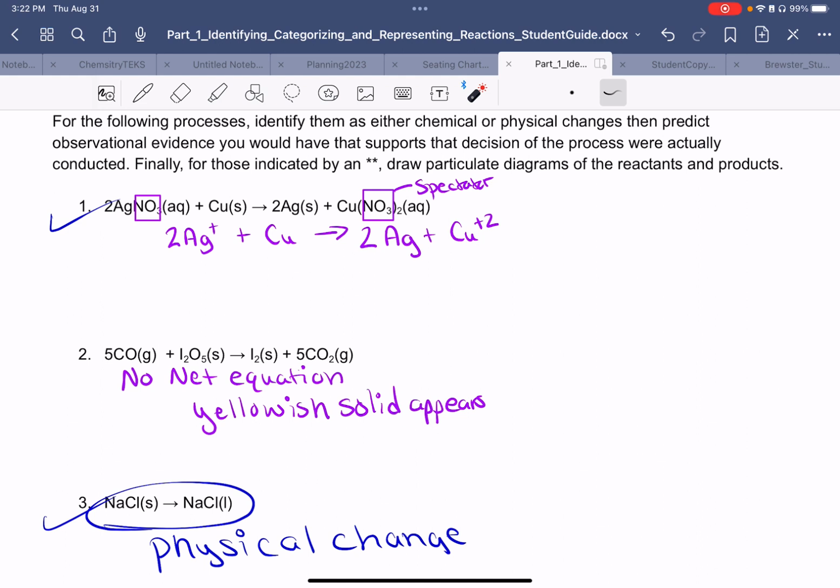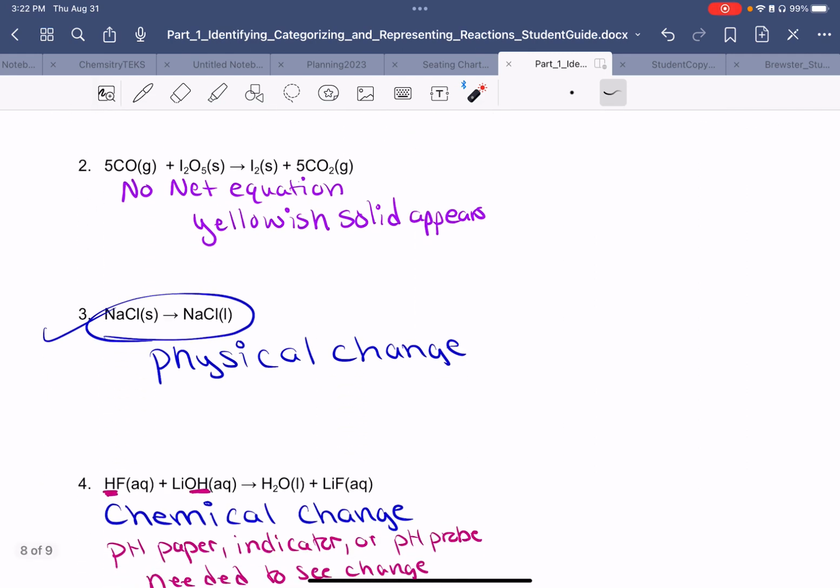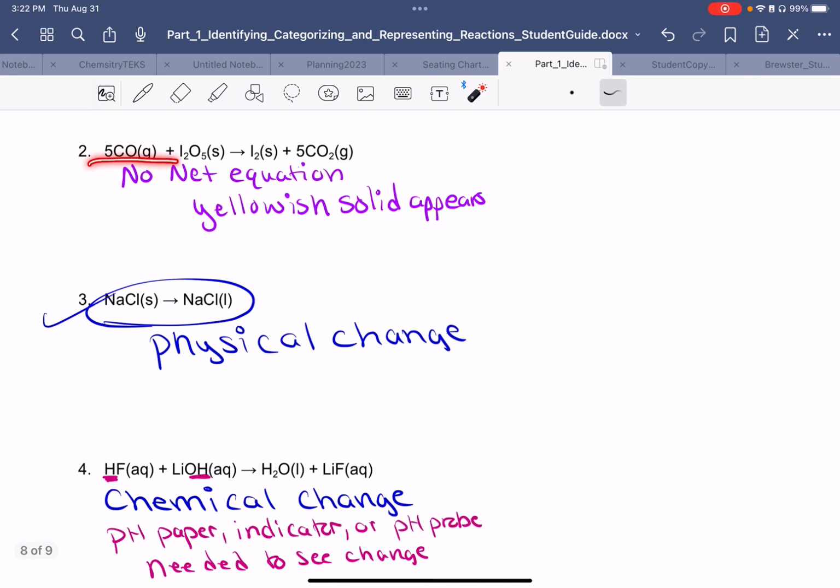Then you need to describe the process that happened. I'm not going to put a description on most of these because you've already done these before somewhere along the road. So this one here, because everybody's getting a different partner, there is no net equation because everybody's changing in this. All right? I will help you on this one: we get a yellowish solid that appears.